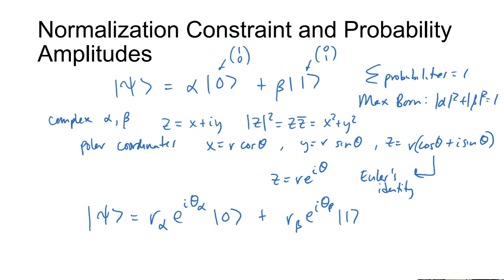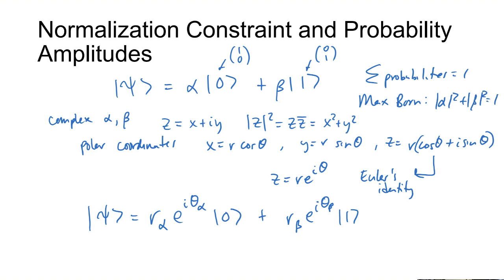And so then we can introduce polar coordinates. We can change our coordinates. So we can call x equals r cosine theta, y equals r sine theta, z equals r cosine theta plus i sine theta.